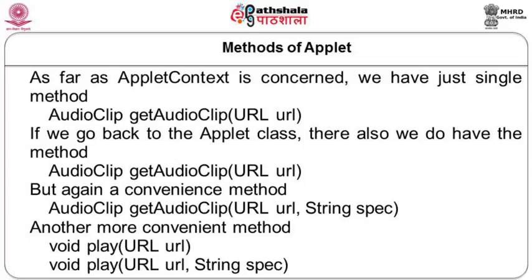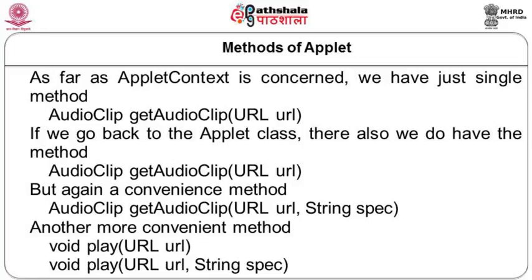We have another convenient method again in the applet class. This convenient method allows us not to get the AudioClip object separately, but directly play the audio. So you can also use the method play.